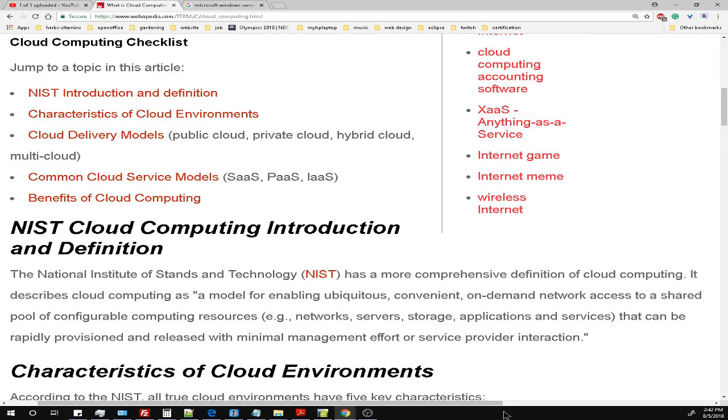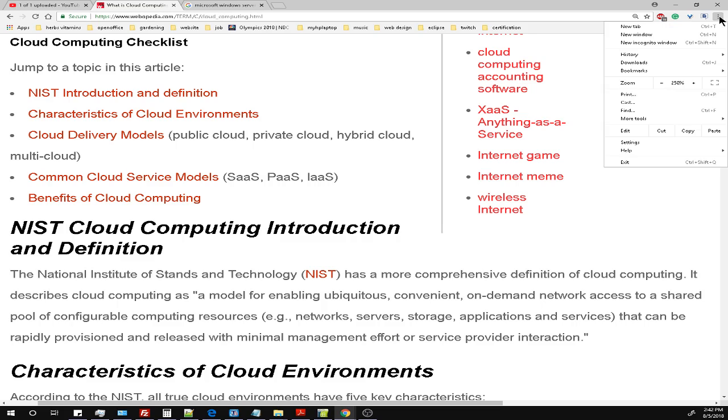All right, that is at 250%. Wow, zoom level.